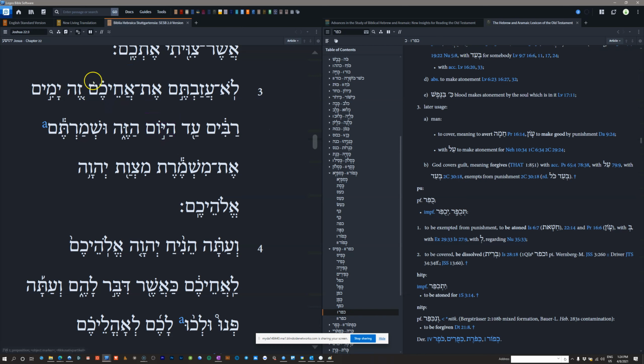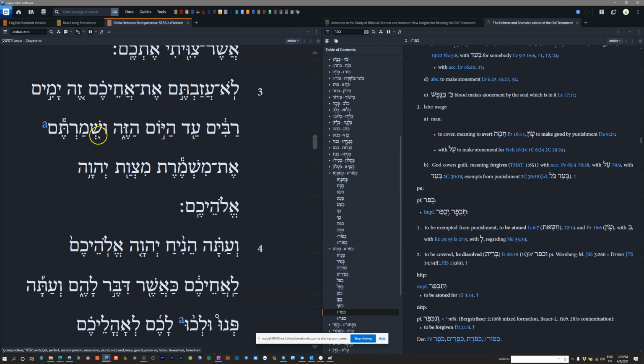You have not forsaken your brothers these many days. So this is basically saying for many days, but it's this period. Not these many days, but this period of many days. Od means like as far as or until. So even up to today, up to the point of today. These many days until today. Or I should say until this day.